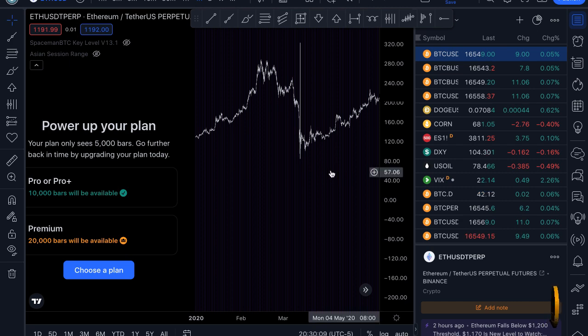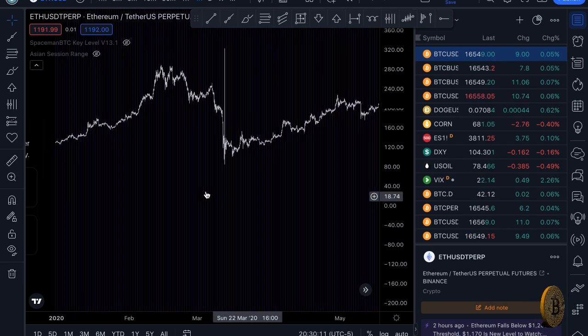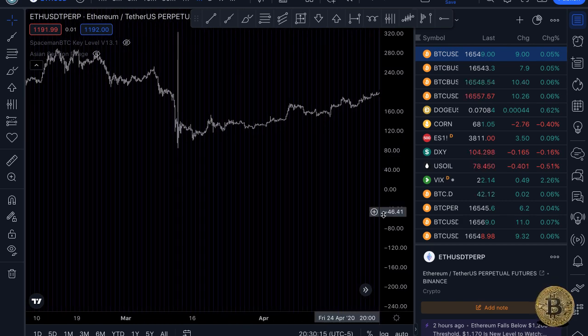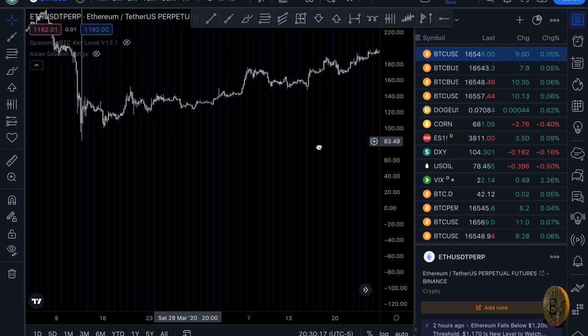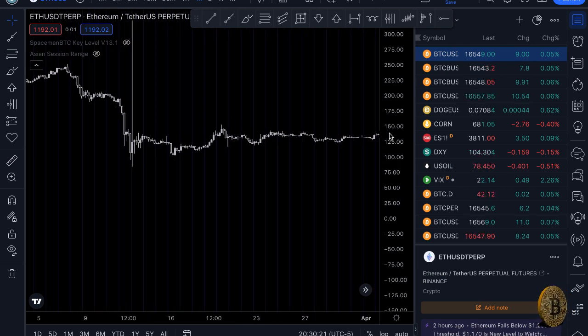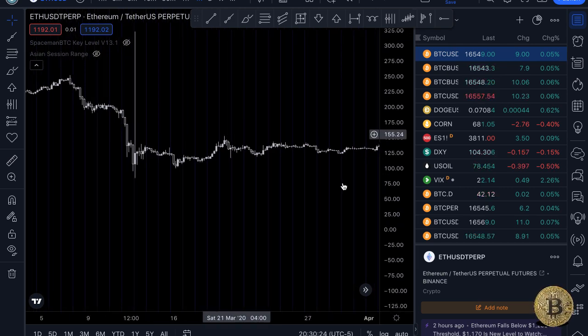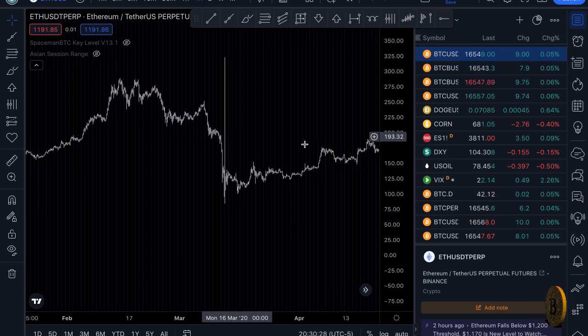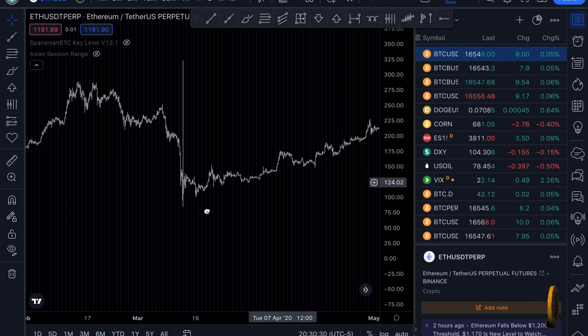Okay. I think what I'm seeing is a lot of manipulation. I don't know if this is a real chart. ETH perpetual, Binance. What even happened with this thing?